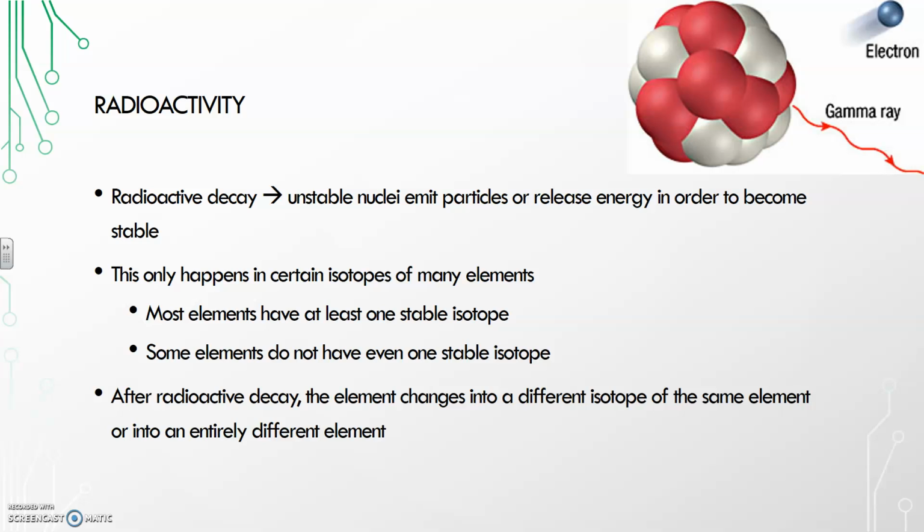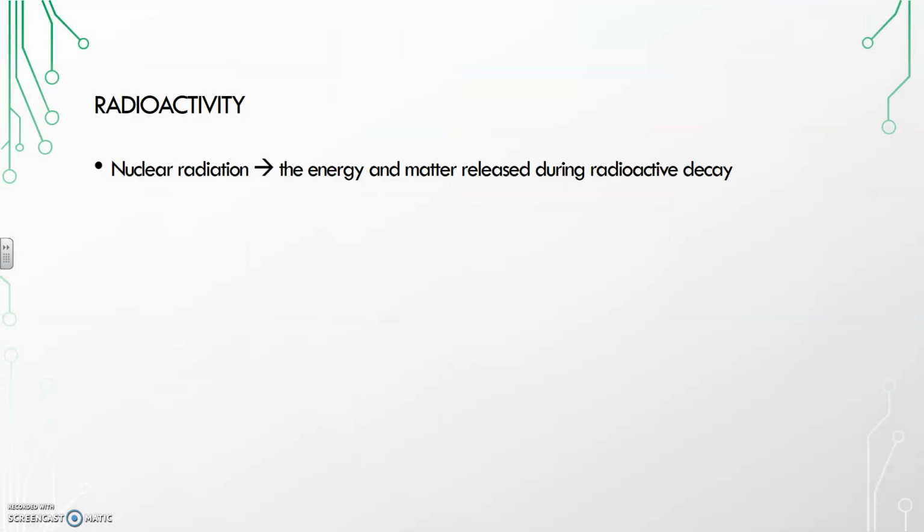So after radioactive decay, the element is going to change into a different isotope of the same element, or it can actually turn into an entirely different element. It depends on what type of radiation there is and what's left over after the radiation. Nuclear radiation is the energy and matter that is released during radioactive decay.